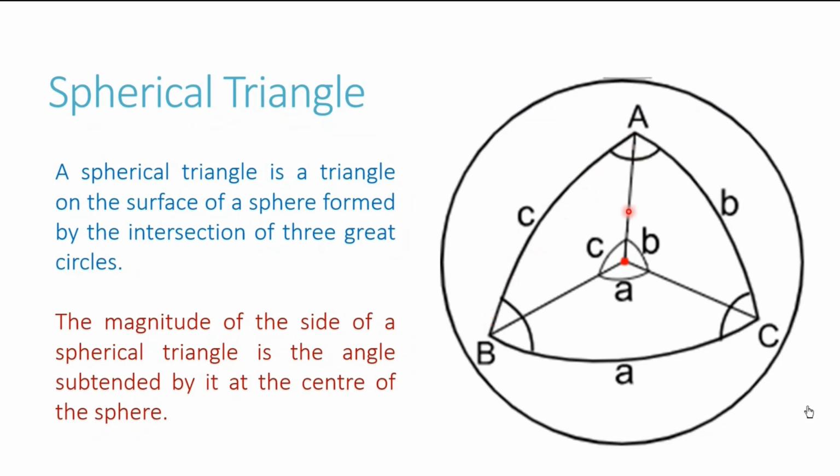Now if I join A with the center of the sphere, and I join B with the center of the sphere, both these lines make an angle at the center. This angle is basically the measurement of this particular side of the spherical triangle. So repeating again, the magnitude of the side of a spherical triangle is the angle subtended by it at the center of the sphere.